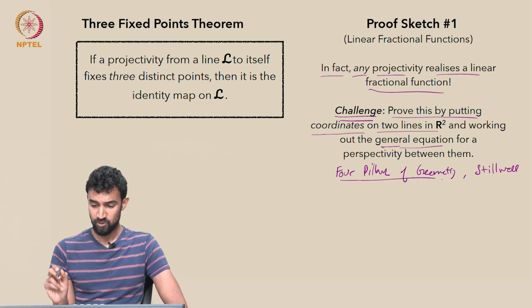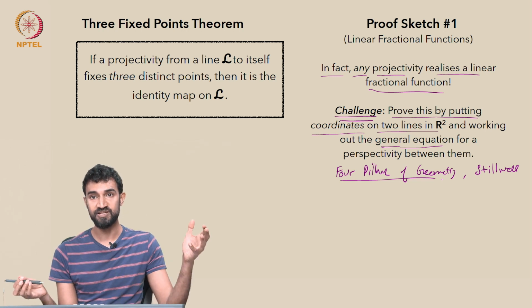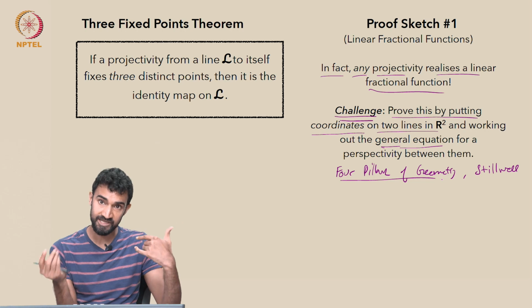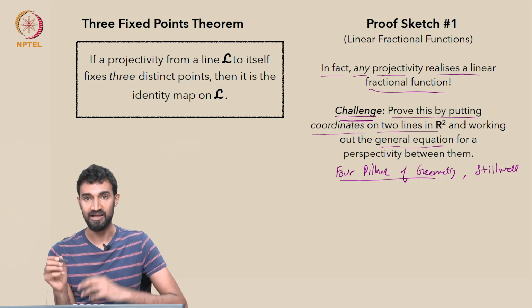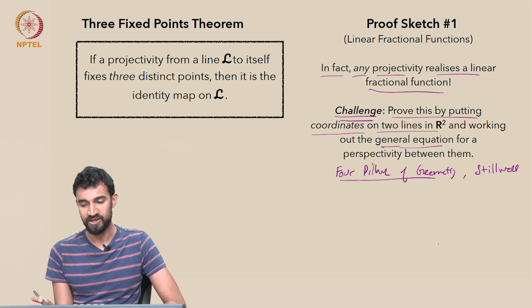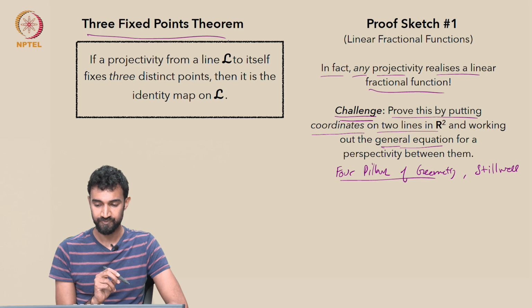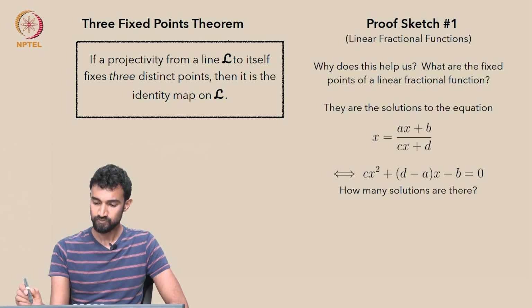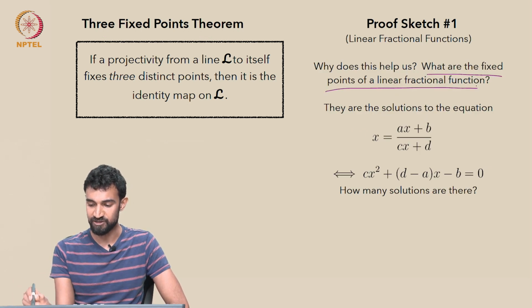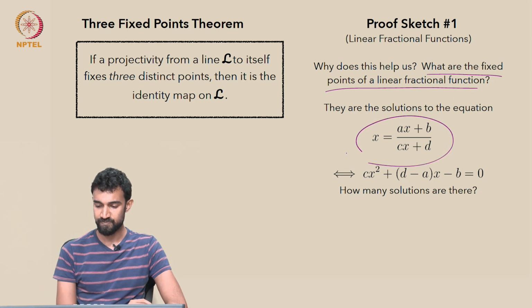And why does this matter? So let's assume this is true. Projectivities from a line to itself are basically the same thing as linear fractional functions, if that line has coordinates, if it's the real line. Why does this matter? And why does this help us prove the 3 fixed point theorem? Remember, that's what we're trying to prove. Well, what are the fixed points of a linear fractional function? They're just the solutions to this equation.